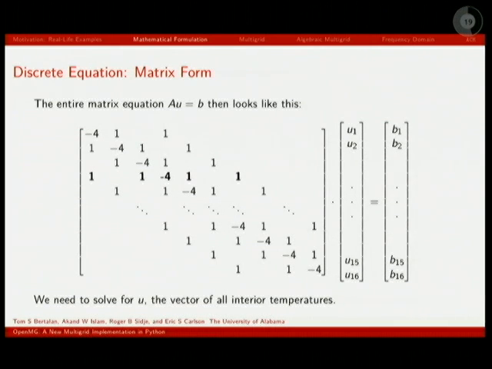I think in the 5th line of that coefficient matrix you can see that same 1, 1, -4, 1, 1 pattern. So this here is one possible example of a matrix equation that we would solve with any sort of solver. The information that's applied is the coefficient matrix on the left, and the right-hand side B, which includes information about the boundary conditions. What has to be solved for is the U vector in the middle.